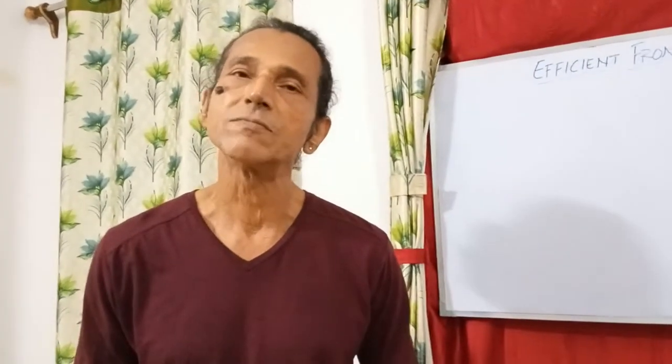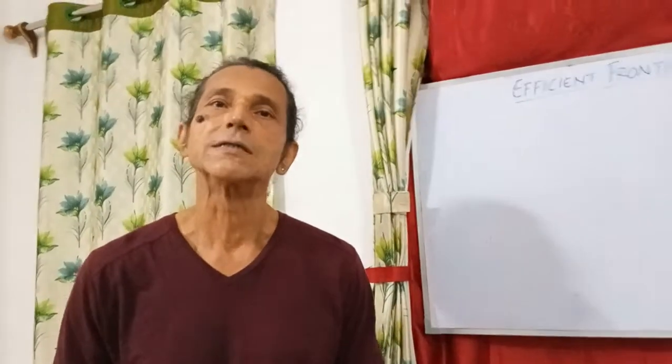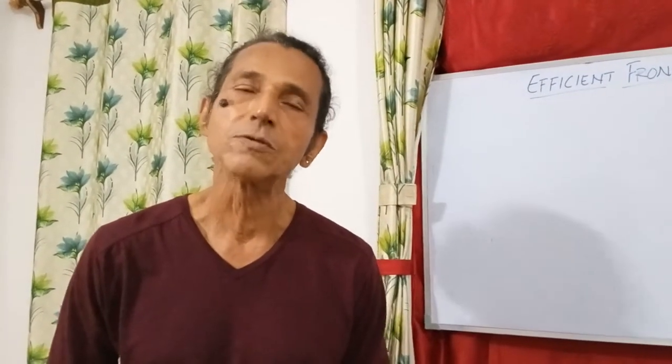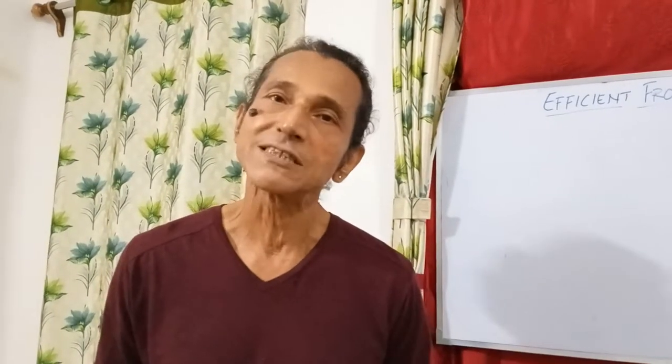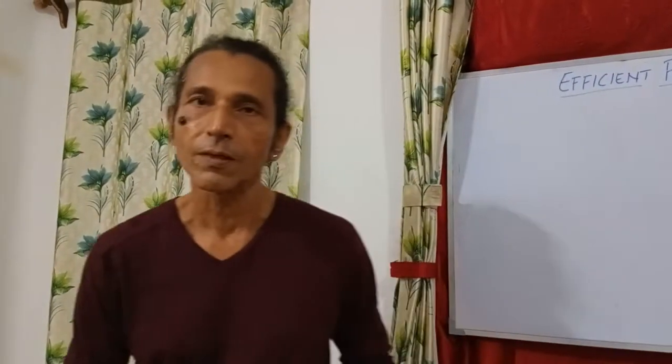You see, what is the objective of an investor? The objective of an investor is to maximize his or her return. As an entrepreneur has the objective of maximizing profit, an investor has the objective of maximizing his or her return subject to his or her risk tolerance.